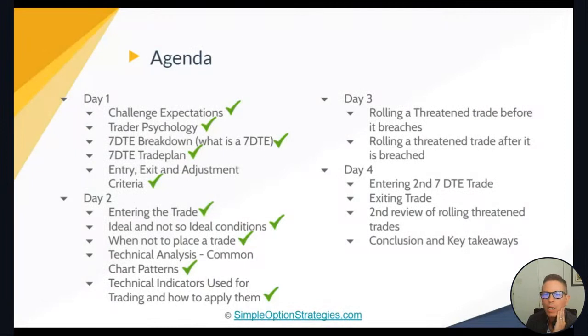Okay. All right, so today we talked about rolling threatened trades before it breaches. We talked about rolling a threatened trade after it breached. That's what we talked about on day 3. Today we're going to talk about entering the second 7 DTE trade, and that is actually the first thing that we're going to do. Then we're going to review again rolling threatened trades, and then we're going to talk about conclusion and key takeaways.